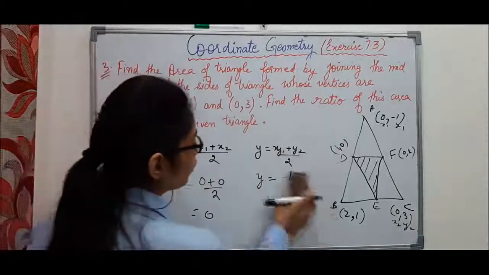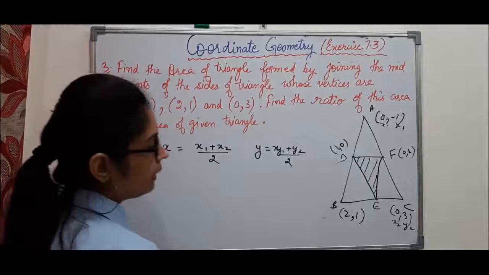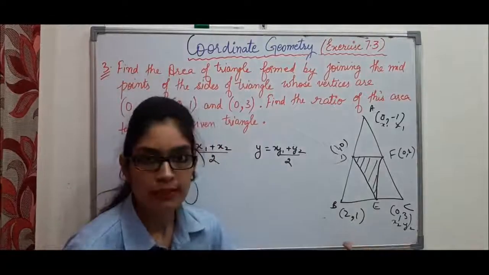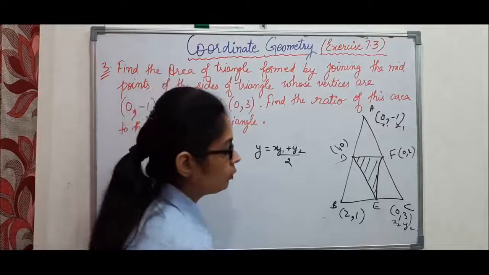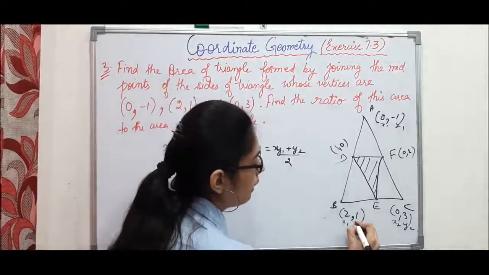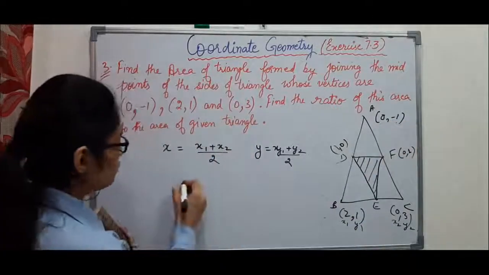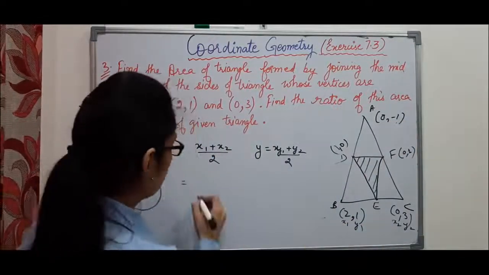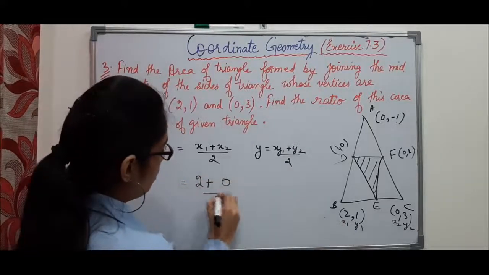Now let's find the coordinates of point E. Again E is the midpoint of BC, due to which we are applying the section formula to find the coordinates of point E. In this case x1 and y1 is at point B. So I just have to substitute the values. x1 it is 2 plus x2 it is 0 upon 2.